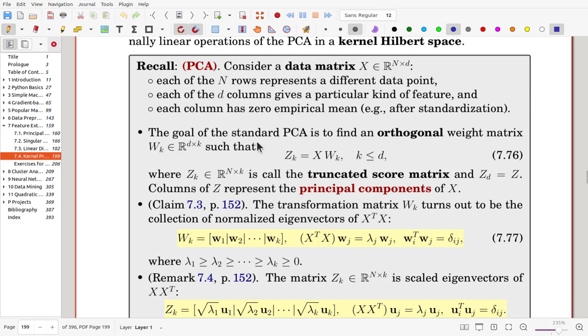Now, the goal of the standard PCA is to find an orthogonal weight matrix such that the transformation produces the score matrix. Once you choose a truncated weight matrix, the transformation gives the truncated score matrix, and the columns of Z represent the principal components of X.